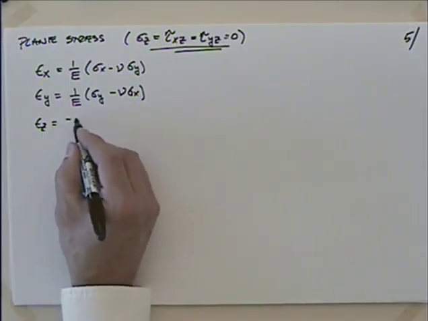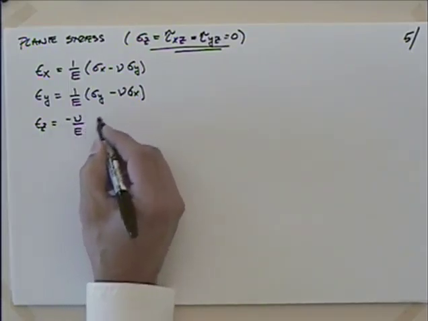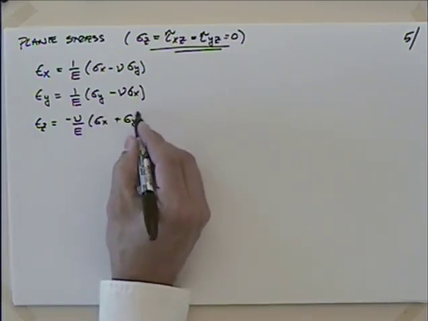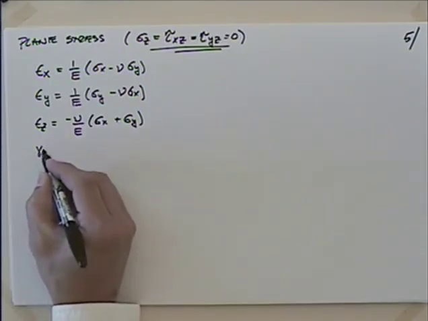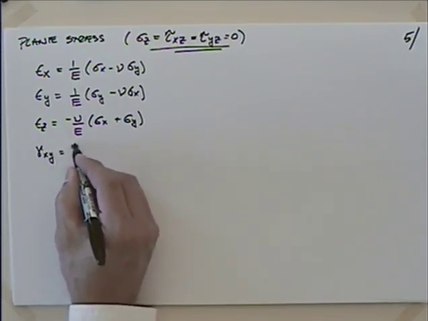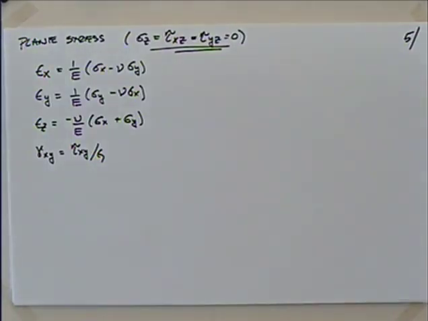That's really just going to be related by minus Poisson's ratio over Young's modulus times sigma x plus sigma y. And we could talk about gamma xy being equal to tau xy over G. We've seen that before. So that's strain in terms of stress.